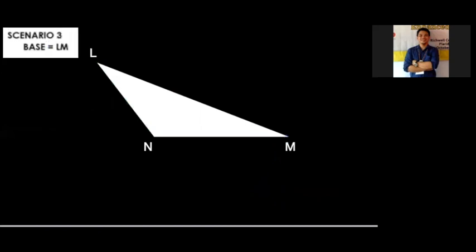Let's now go to our third and final scenario. For our third scenario, let LM be our base this time. If LM is our base, what do you think will be the height of this triangle?